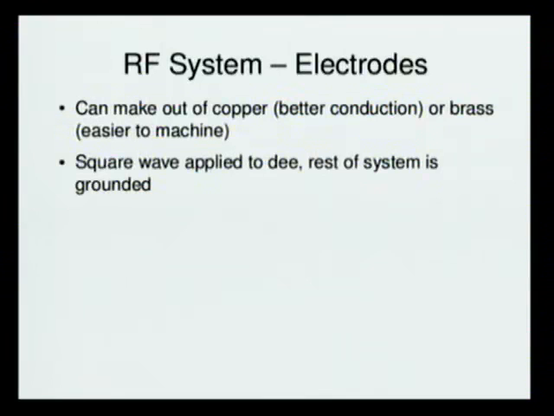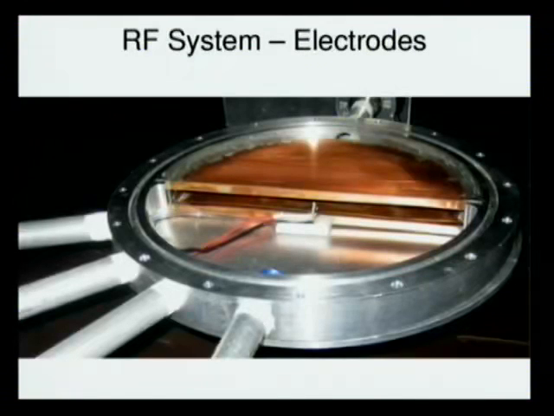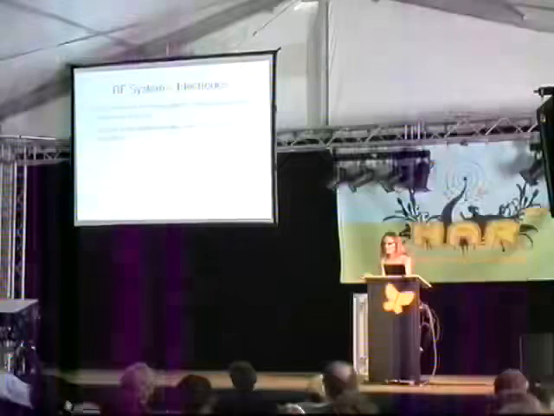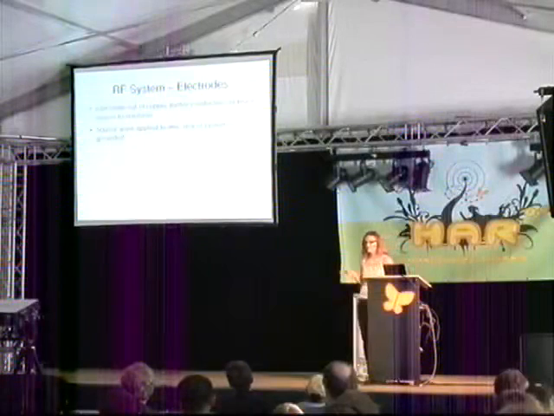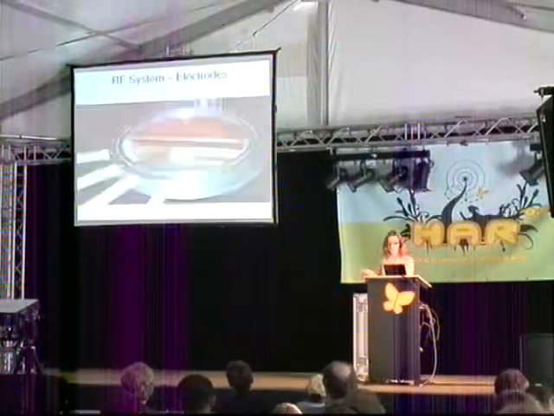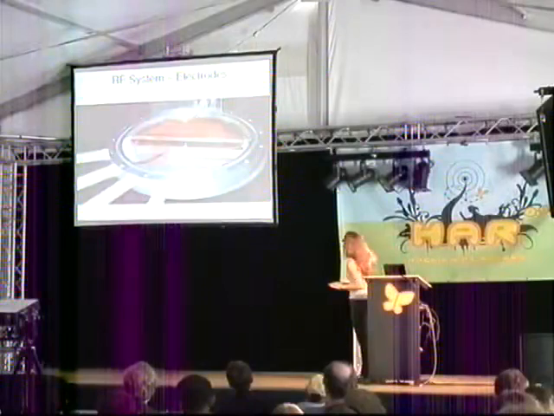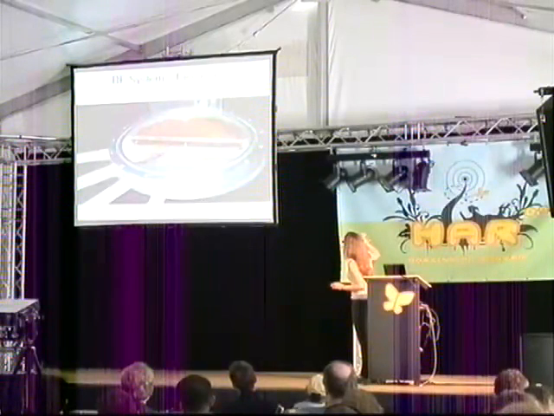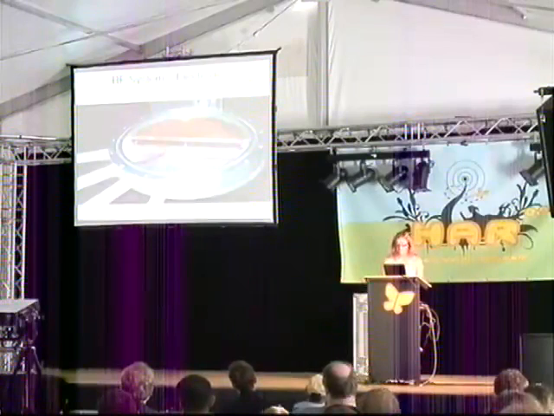Now these, the electrodes, this is what I'm calling the electrode right here. You can make them out of copper, which gives you better conduction, fewer eddy currents, or brass, which is easier to machine. If you have access to a water jet, it's easy to water jet out two half-circular shapes and then just braze them onto a strip there, so you have the hollow D-shaped piece.